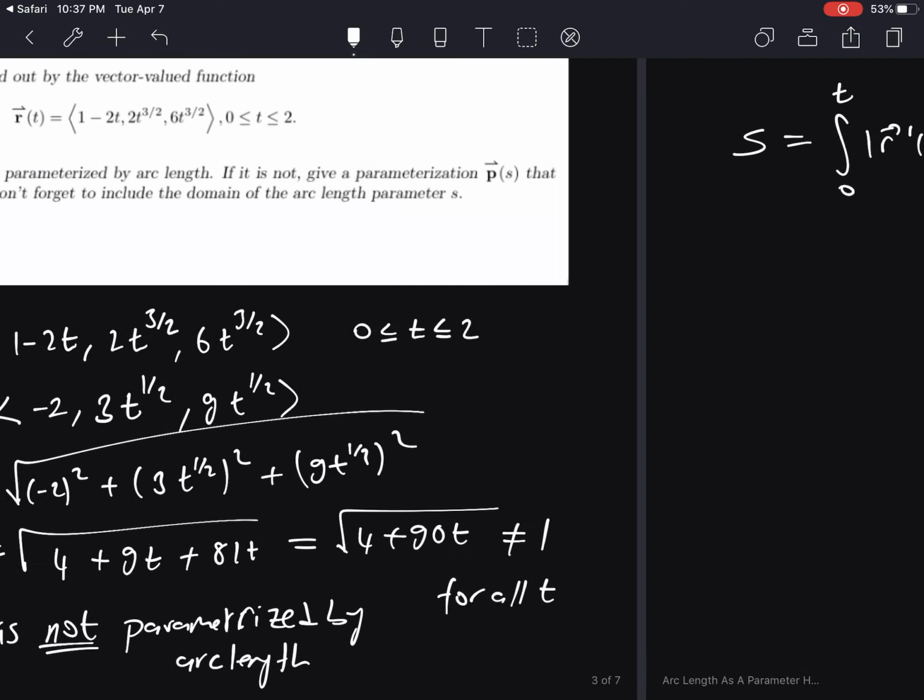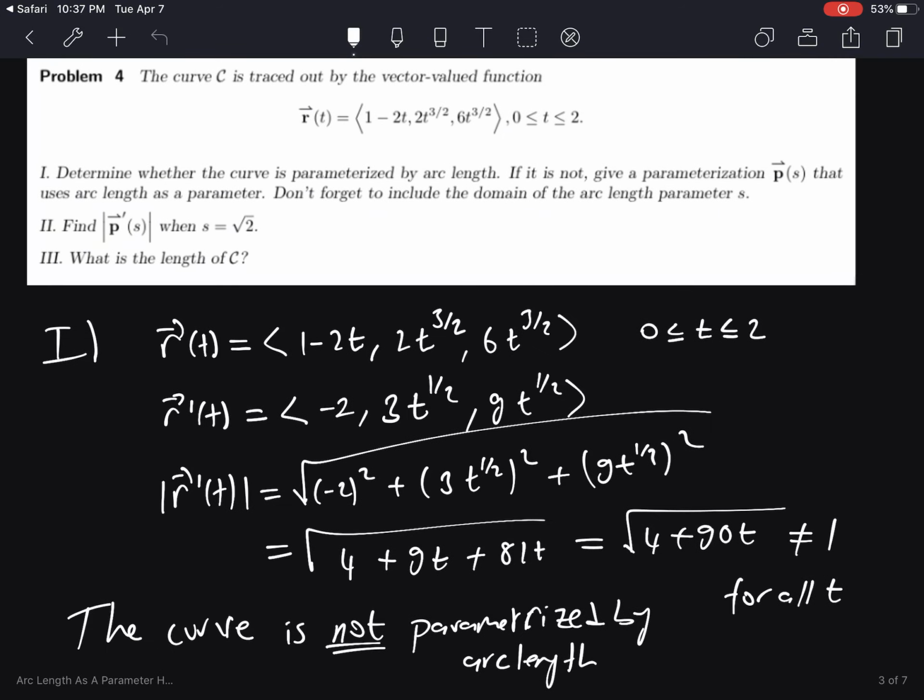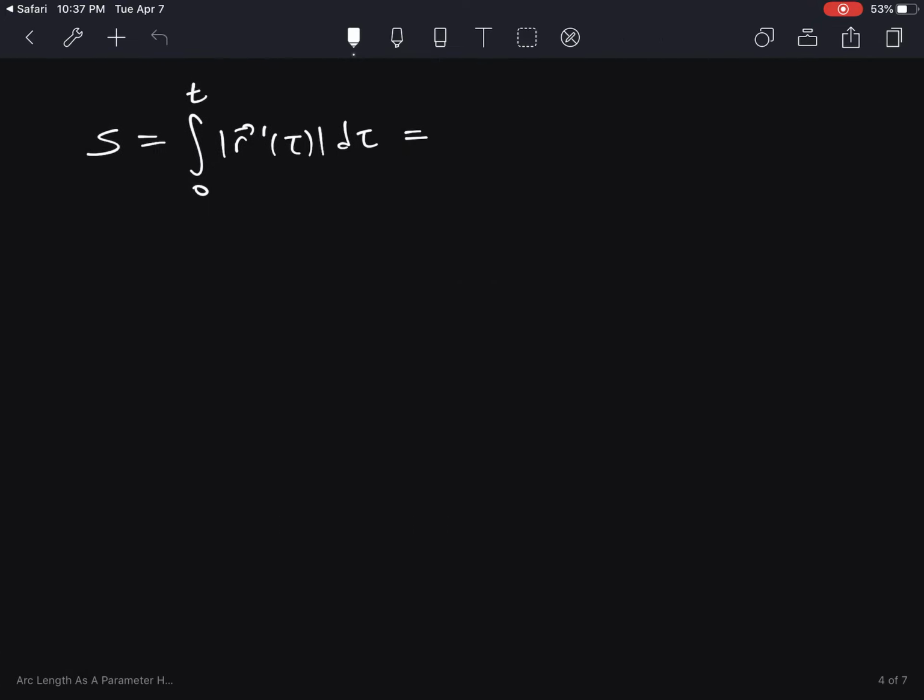What we found in the first part was the square root of 4 plus 90t. Now we replace it with tau, so it's going to be the integral from 0 to t of the square root of 4 plus 90 tau d tau. Now we need to integrate this quantity, and here we can do a u substitution.